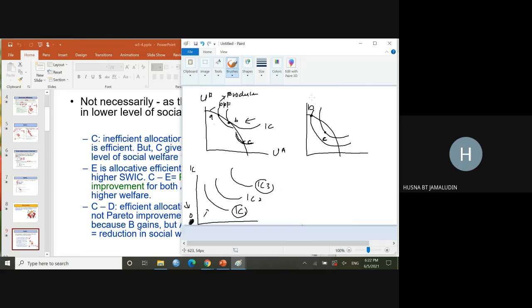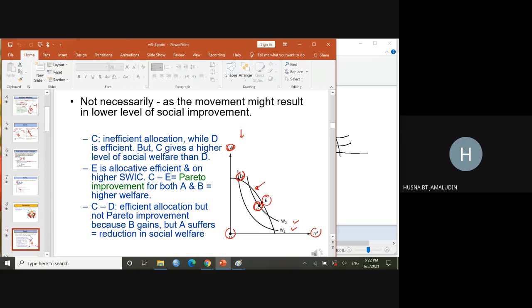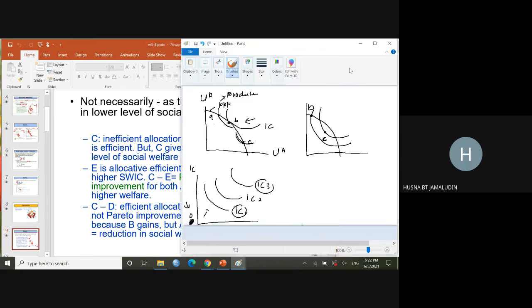Now it says that when you move from an inefficient point to an efficient point, does it represent a welfare improvement? The answer is not necessarily. If you look here, D is an efficient point, right? Because we are on the PPF, the production possibility curve or frontier. C is inside the PPF.